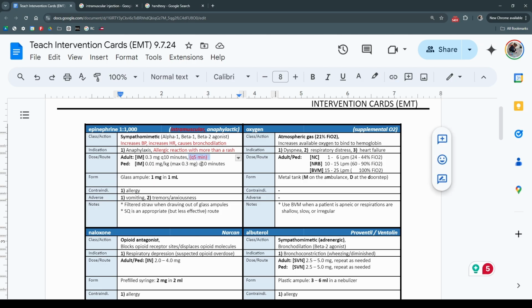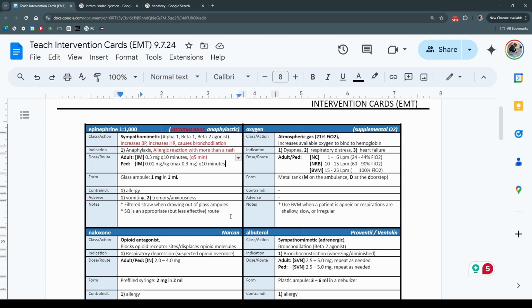Same rule applies here with the every 10. That is what I have on your card. I'm okay with every 5. And the max dose is adult dosing. I gotta be honest, the cheating way through this is merely just giving them half the dose. I don't think an EMT is going to be asked on the registry how much to give very specifically for a pediatric.